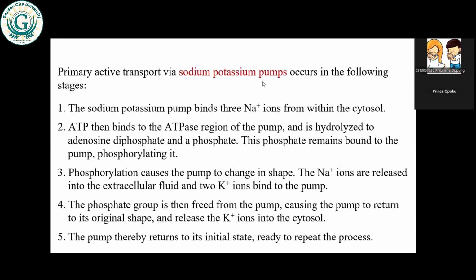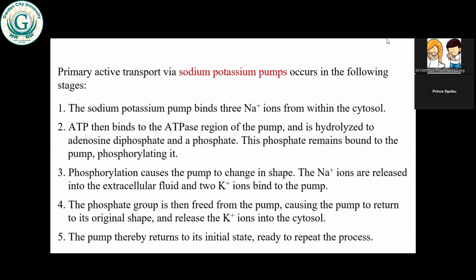Yes, ma'am. So as my brother was saying, the sodium potassium pump is meant to maintain the osmotic pressure. We have potassium ions being the major cation in the intracellular compartment, and sodium ions being the major ion in the extracellular compartment.